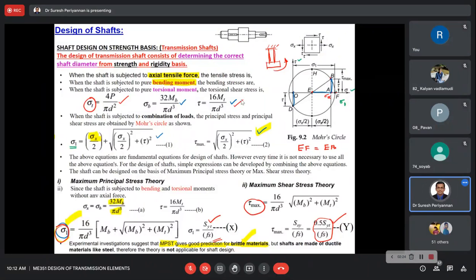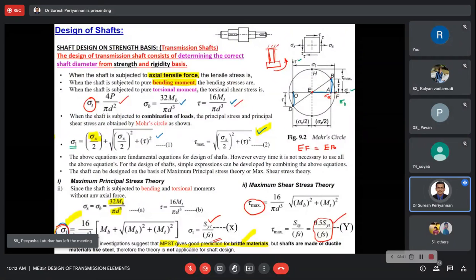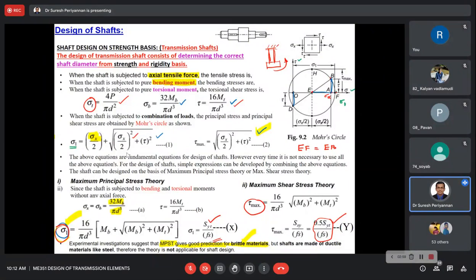The Mohr circle concept is nothing but maximum principal stress or maximum shear stress theory. So we apply the maximum principal stress theory for designing the shaft diameter. We already know sigma 1 is equal to sigma x by 2 plus square root of (sigma x by 2) whole squared plus tau squared. Here sigma x is the normal stress, and bending stress also comes under the normal stress category.